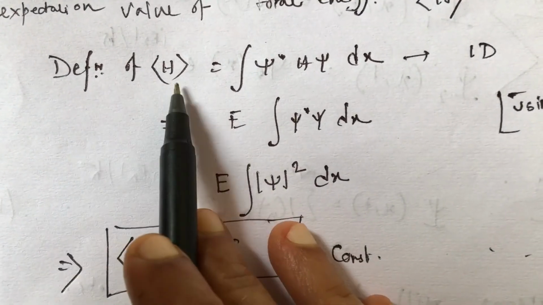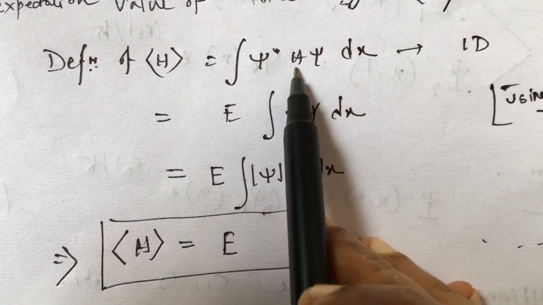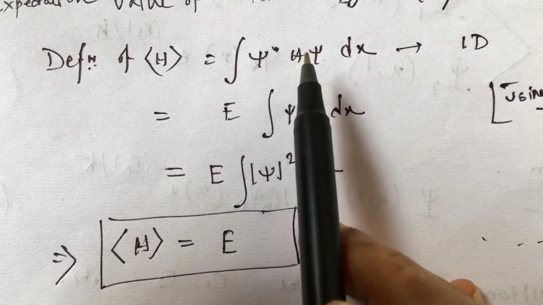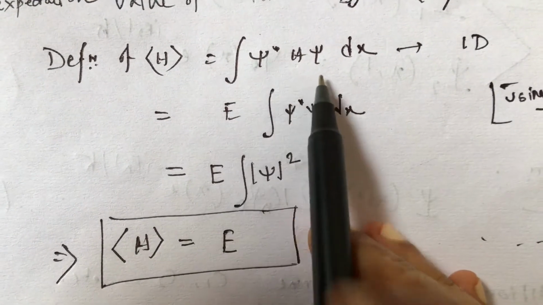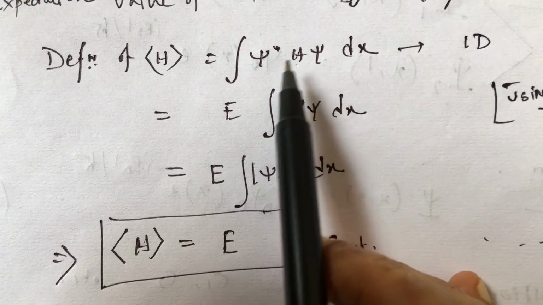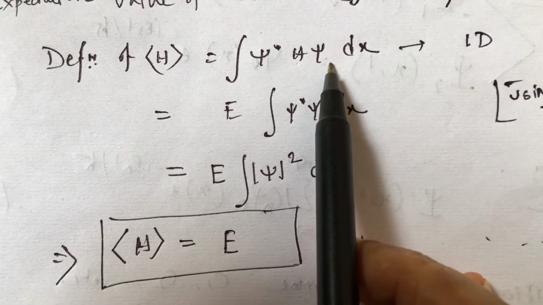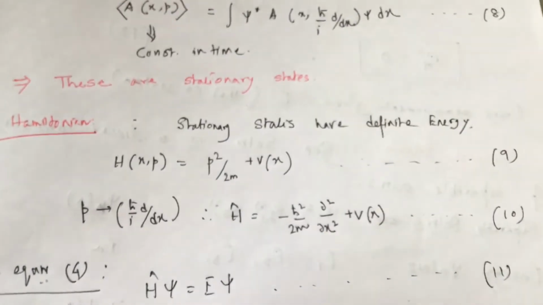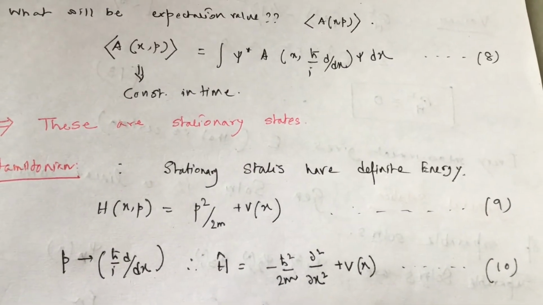According to the definition of the expectation value, I am trying to integrate this H for these wave functions, and I am just using the definition of the expectation value from equation 8.